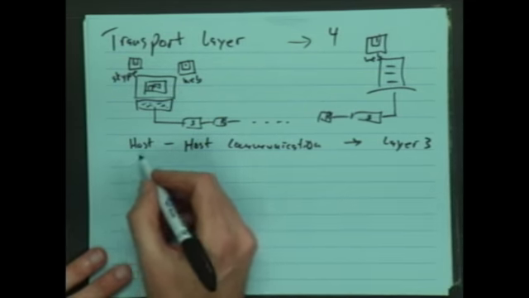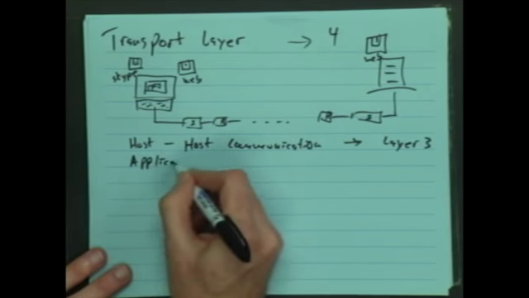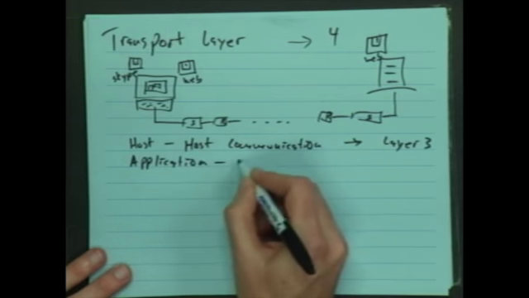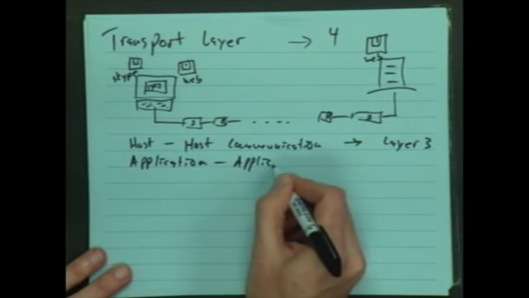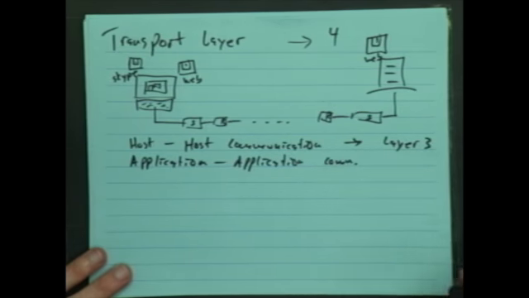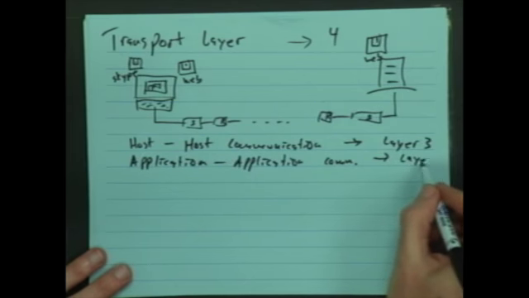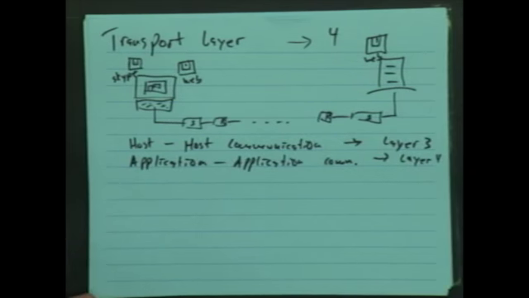The issue here is to get between applications. So the application-to-application communication, this is one of the functions of layer 4, and we'll see some of the other functions in a minute.